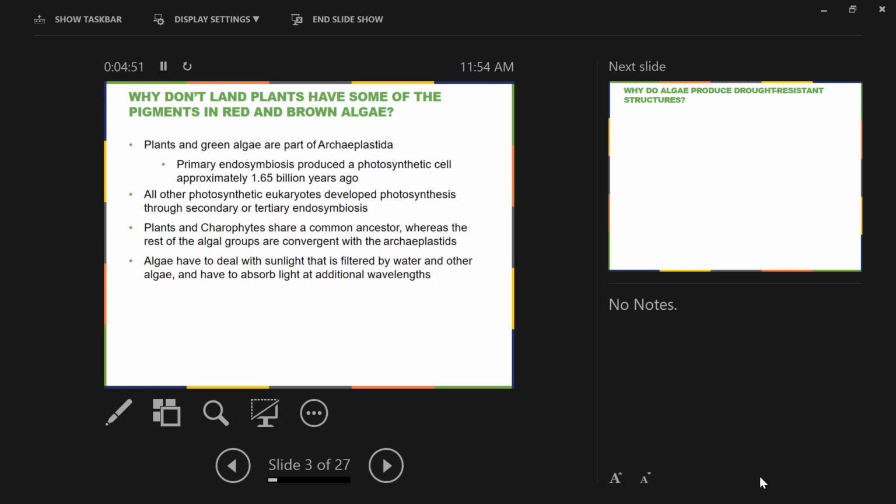They came from an ancestor that had phagocytized a photosynthetic bacterium and then gave rise to green algae and plants. All other photosynthetic eukaryotes developed their photosynthetic capabilities separately. They also phagocytized a photosynthetic bacterium, but in a separate event than what generated green algae and plants. You're like, wow, this is kind of cool.